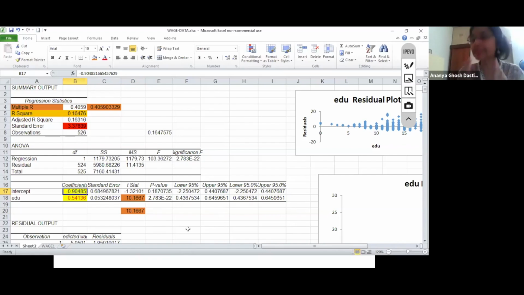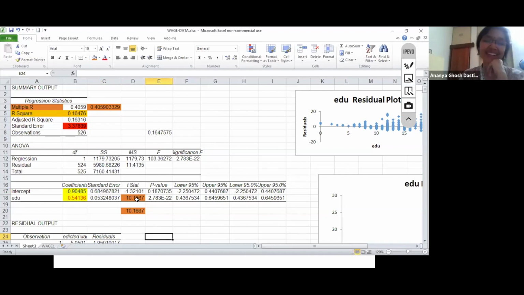Both these t-stats are going to be used to test the hypothesis that alpha and beta are equal to 0. In this case, it is very interesting to see that I'm rejecting the null that beta is equal to 0, but I cannot reject the null that alpha is equal to 0.